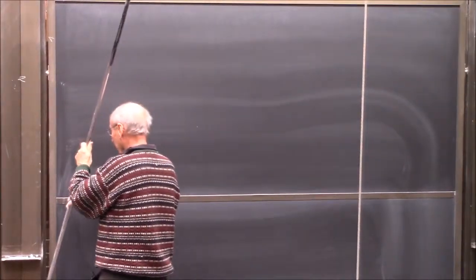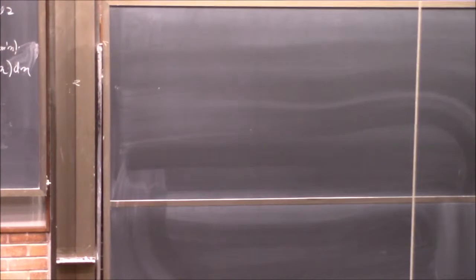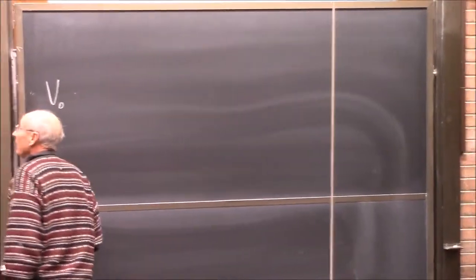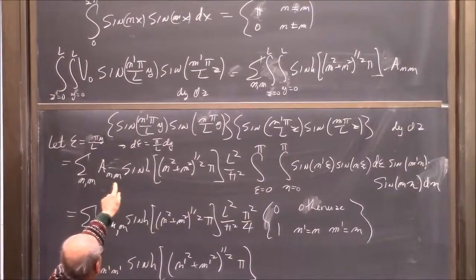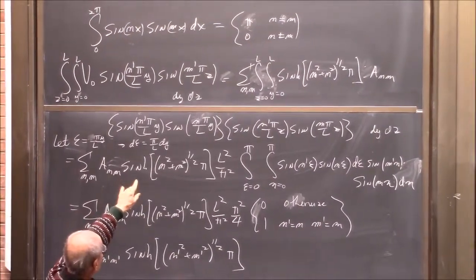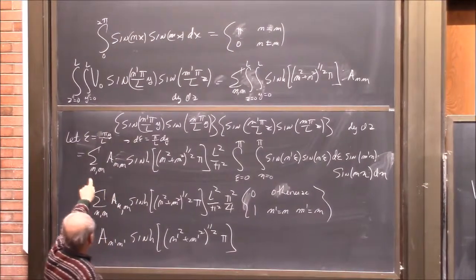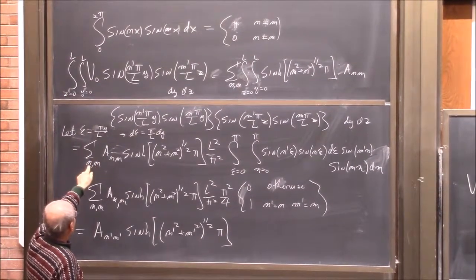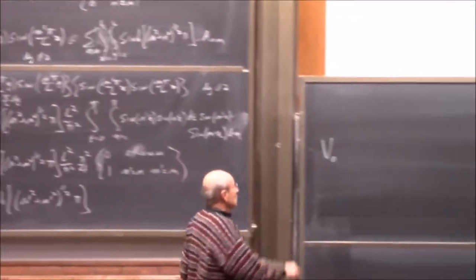And what do we have? We go back now to that thing. And so the left-hand side is v0. Now, I'm going to make the same change of variables I did before, since I'm integrating over the same variables. And so that will mean that I want to make this change, which means that the dy becomes L over pi d squiggle. There are two of them.